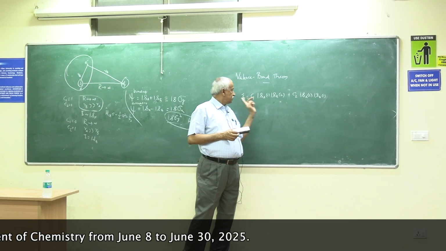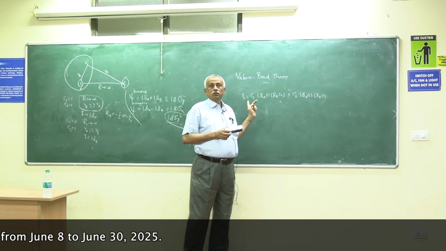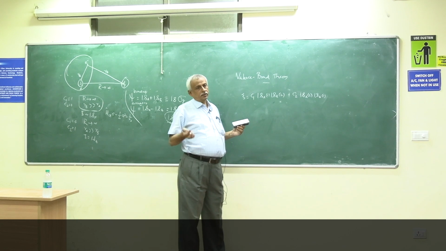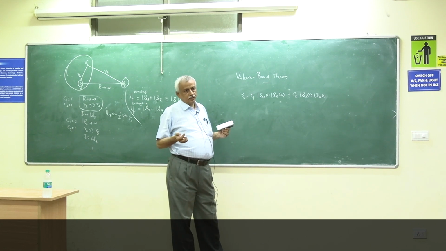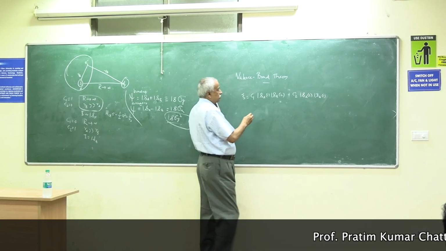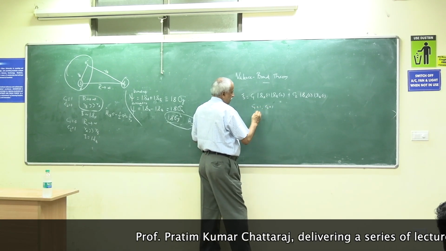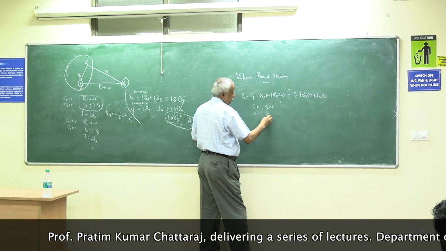Now if you put this, create the energy functional, and take the derivatives with respect to C1 and C2 to be 0, two equations, two unknowns, then you get C1 equal to 1, C2 equal to 1, and C1 equal to 1, C2 equal to minus 1.